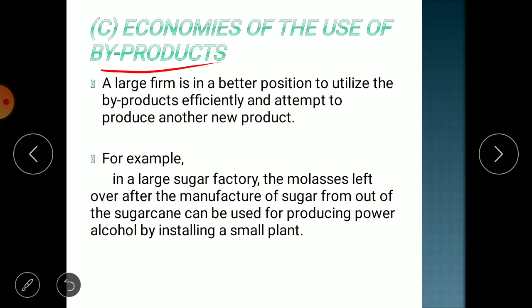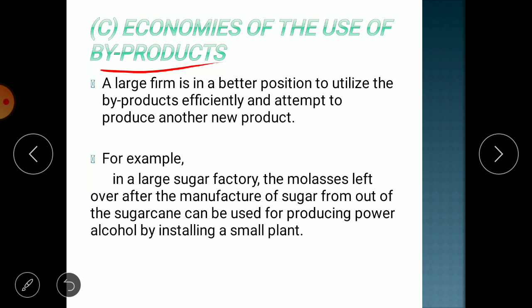If a small firm is there, then they will sell this waste or throw it away, because they don't have extra money to establish a plant for production of paper or alcohol. Whereas the larger firm has the financial power, so they will establish another plant with the help of which the waste becomes the raw material of that plant.